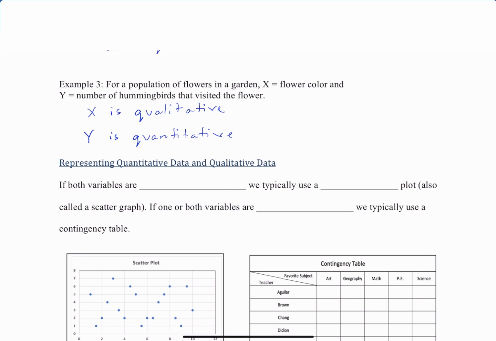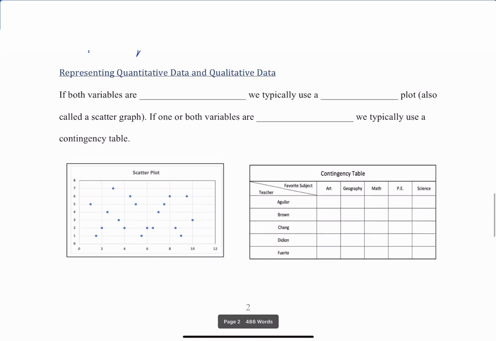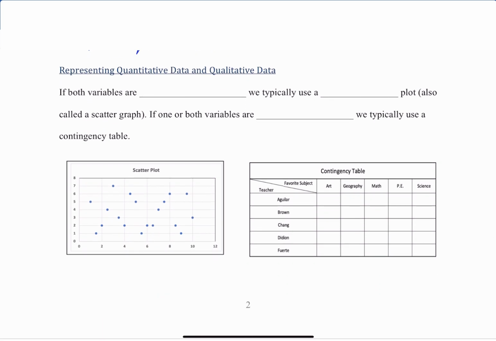For the remainder of this section, we're going to talk about representing quantitative data and qualitative data. If both variables are quantitative, we typically use a scatter plot, which is also called a scatter graph.